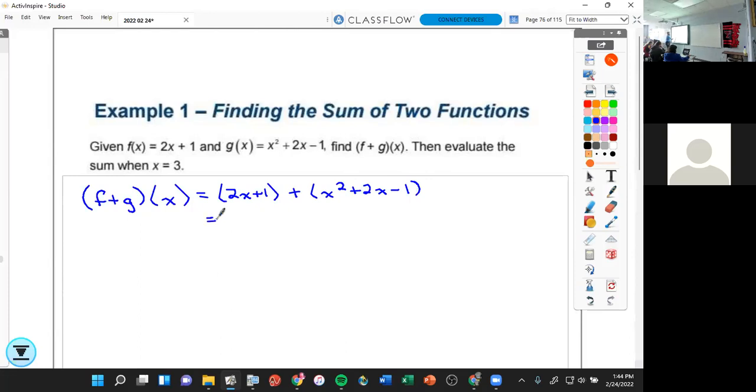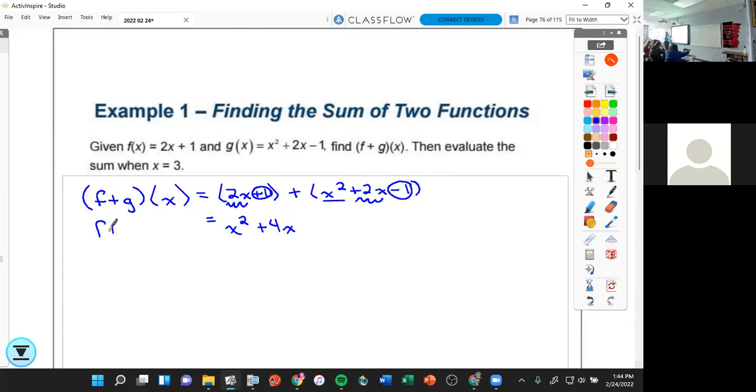Okay, so x squared, then we have 2x plus 2x gives us plus 4x. Then we have plus 1 minus 1, which is 0.